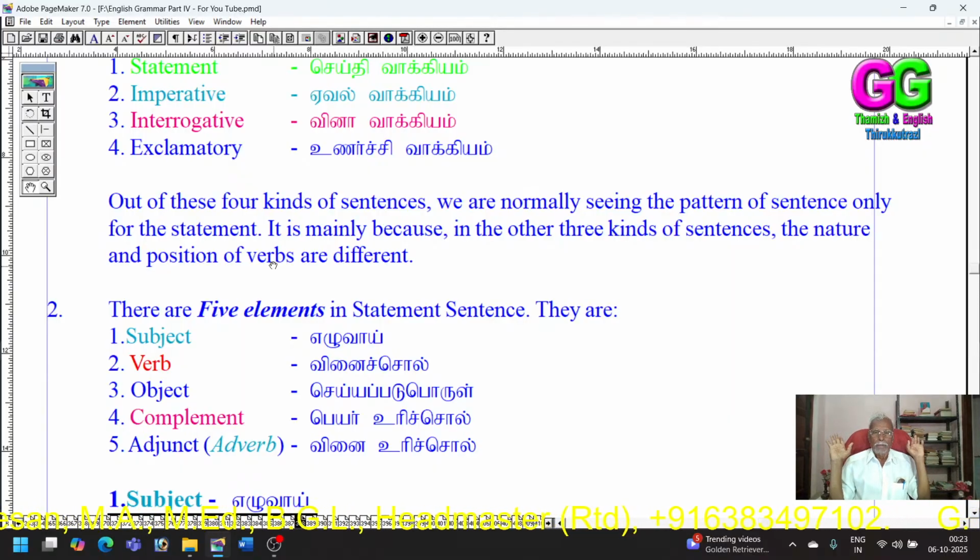That's all. So, the English have defined the rules only for the statement. If we know the pattern of the statement, from that we can learn the pattern of other kinds of sentences very easily.